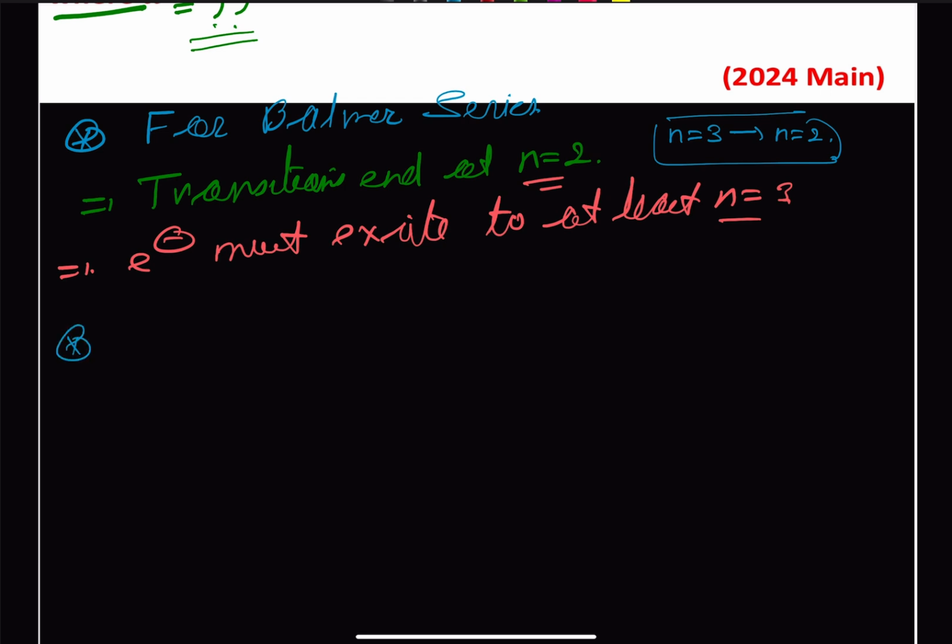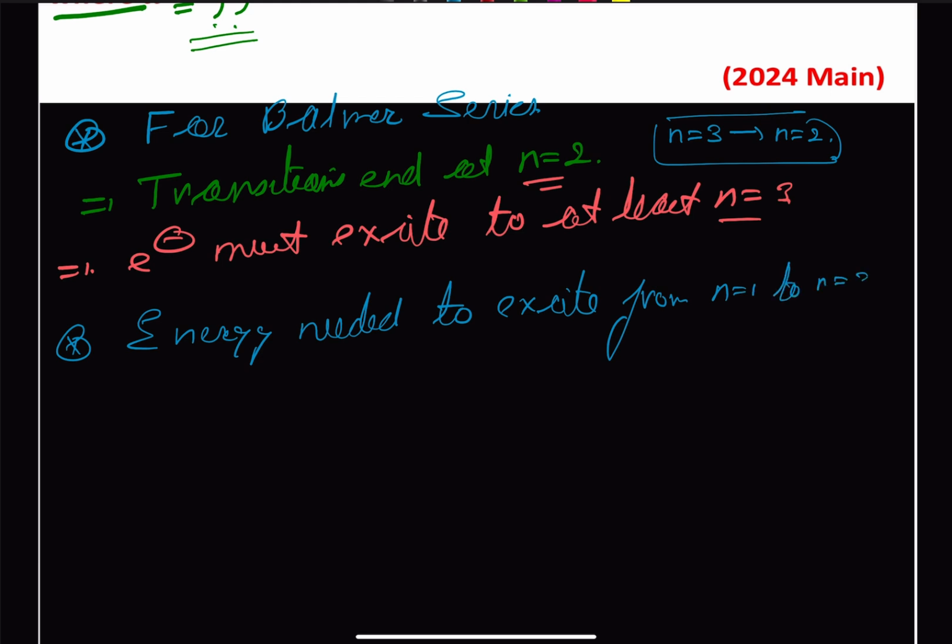So we can say energy required to excite from n is equal to 1 to n is equal to 3.